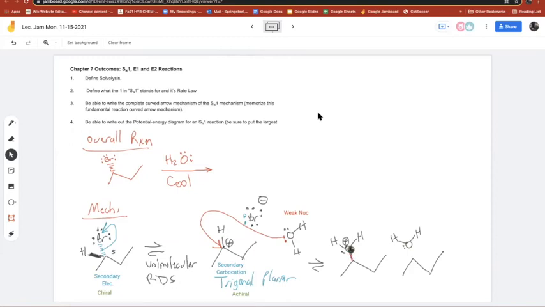So I'm going to get wedged and dashed, because that trigonal planar carbocation has the same steric hindrance on either side. And then we can abbreviate that. Actually, let me just finish off this part too.